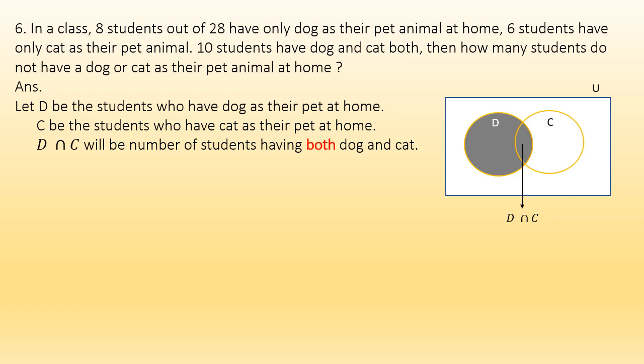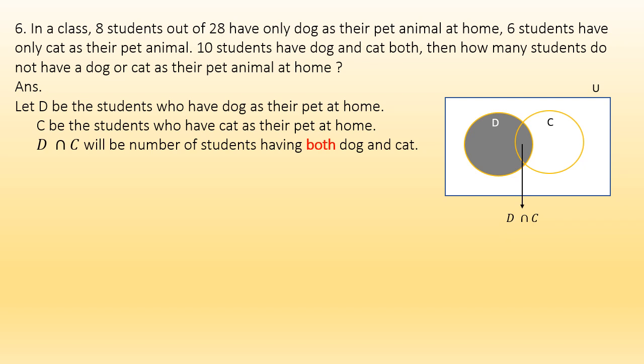We will have to add these both to get the number of students who have dog as their pet. You can see the term is highlighted with the red color. Whenever we have this symbol, it represents the intersection part. So D intersection C is nothing but 10.